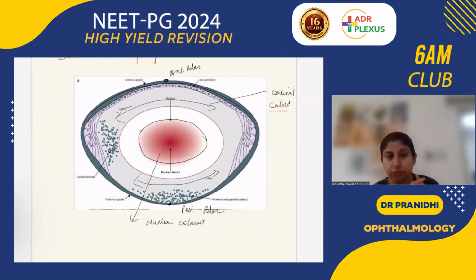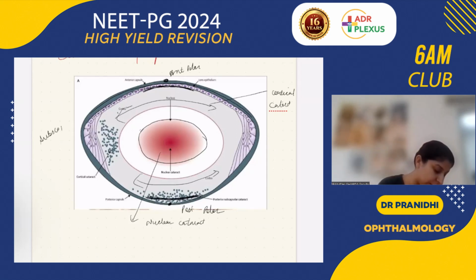Okay. Now there are two definitions left. Any opacity beneath the anterior capsule and any opacity in front of the posterior capsule are known by the name of subcapsular cataract. If it is present beneath the anterior capsule, this is the anterior subcapsular cataract.